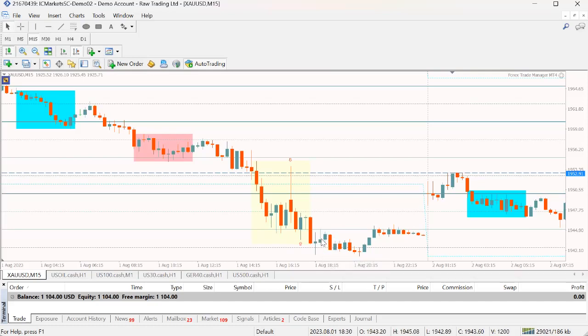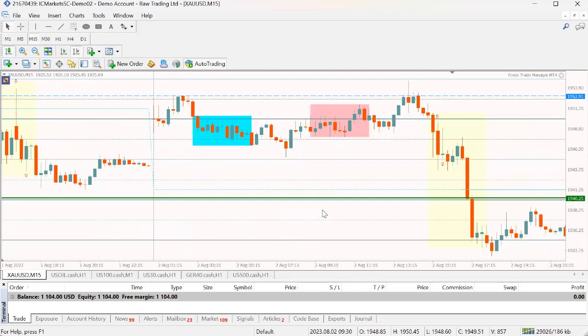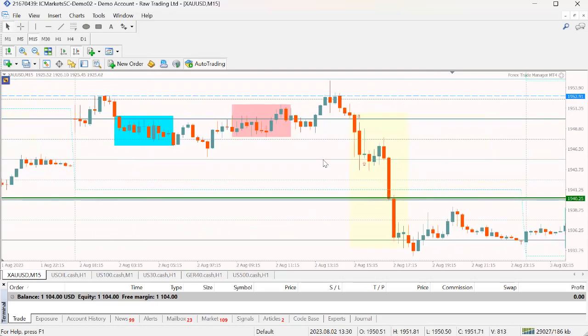But the idea is you're going to look for that news candle to close. 15 minutes after that, you're looking for either the pullback or price is going to continue as you see it here. You're going to get that first bounce, which is this candle, and then you're looking for the entry on the candle afterwards. So let's go to the next one and see how that plays out. All right, so the news event was this bearish candle at 8:30, I believe, yes.